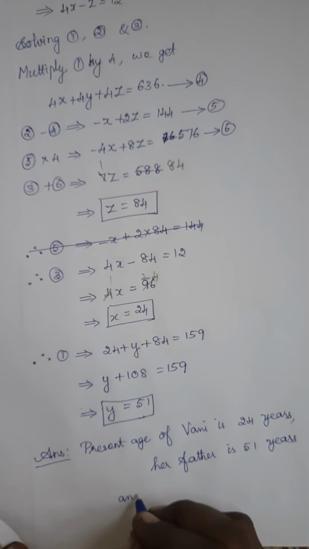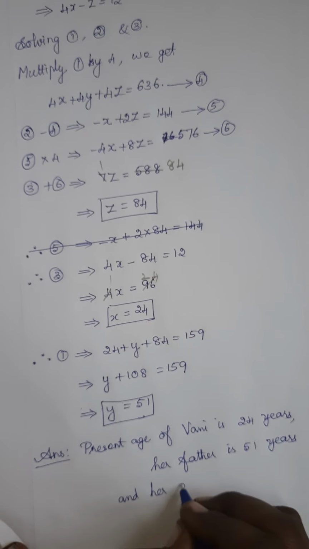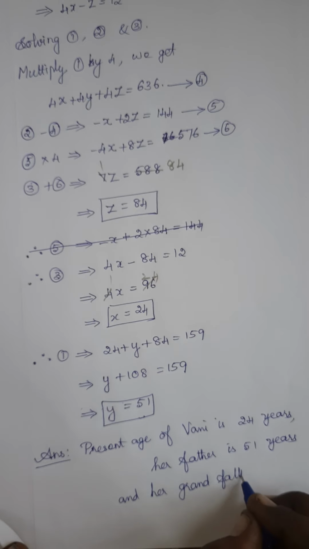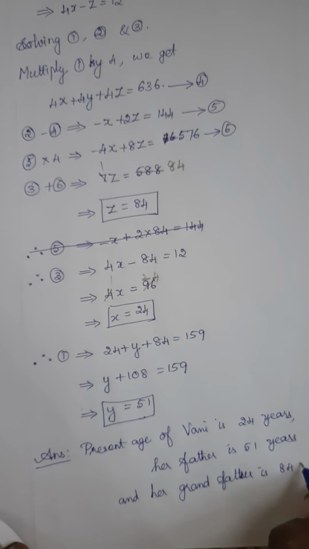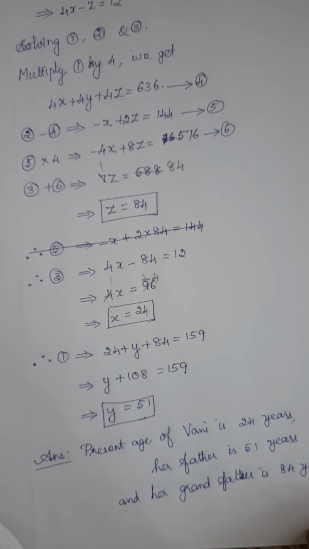And her grandfather is z value, 84 years. Okay, are you clear? So we can find out the different values using this algebra like this.